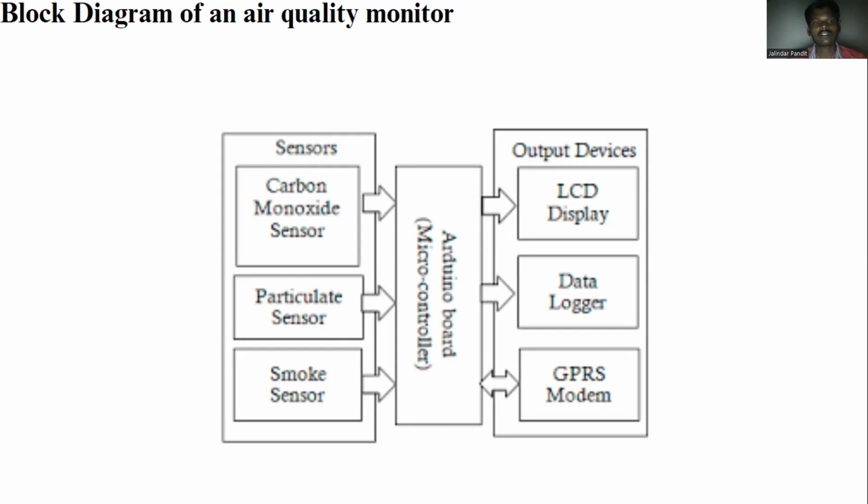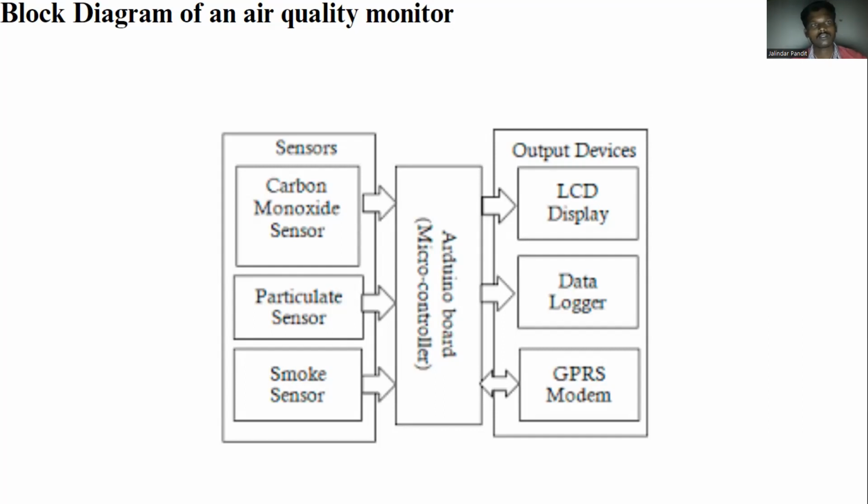A data logger is an instrument that monitors and records changes in conditions over time. It can be a single standalone unit and consist of multiple channels. GPRS module. A GSM or GPRS module is a chip or circuit used to establish communication between a mobile device or computing machine and a GSM or GPRS system.